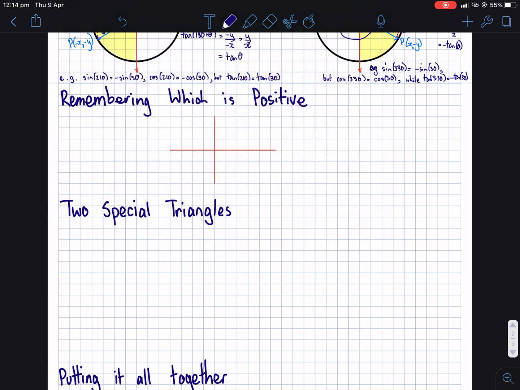the acronym they like to use is ASTC: All Stations to Central. So all positive, sine positive, tan positive, cos positive.